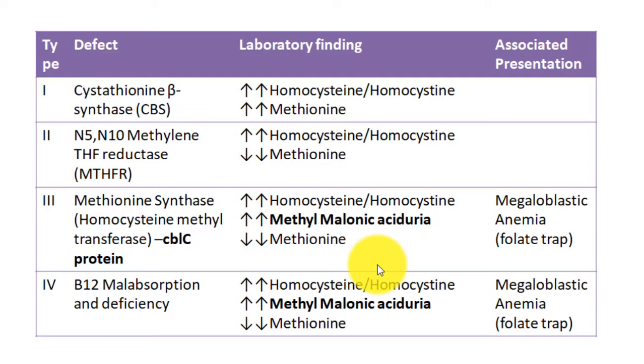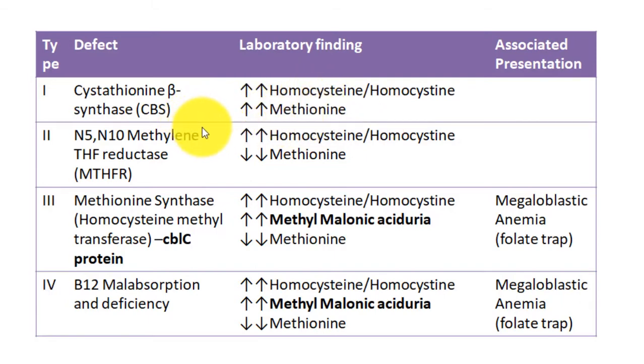For laboratory diagnosis, first is cystathionine beta synthase deficiency, that is classical homocystinuria. In classical homocystinuria, homocysteine and methionine are both high.